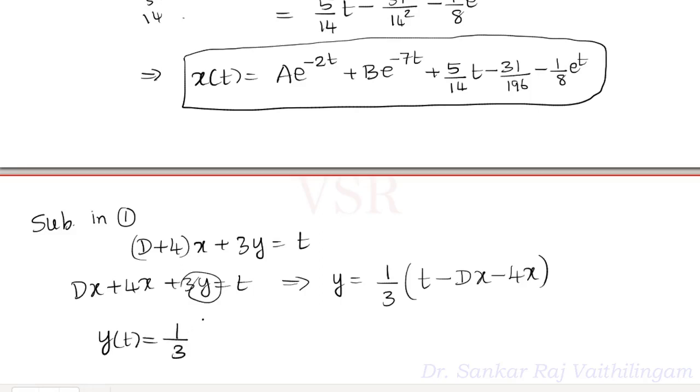1/3 of t minus, I am differentiating x with respect to t. When we differentiate with respect to t, we get minus 2a e to the power minus 2t minus 7b e to the power minus 7t. Then differentiating this, plus 5/14, and 0 for the constant. Then minus 1/8 e to the power t.